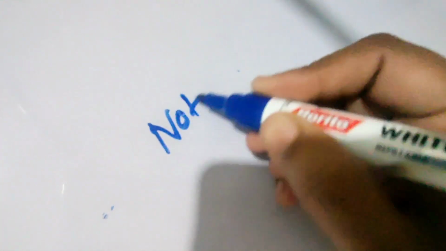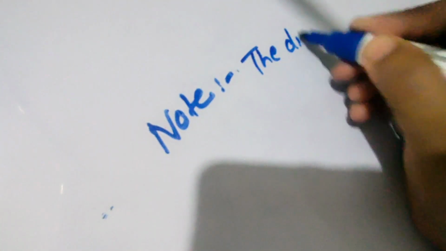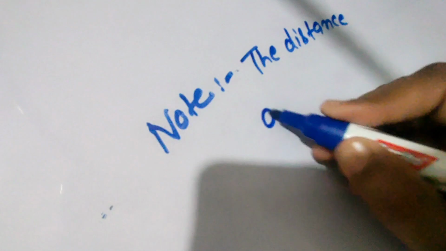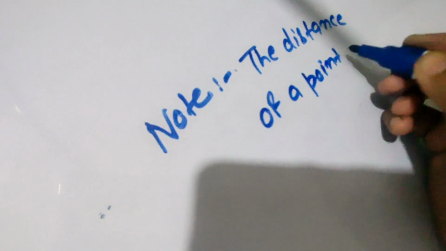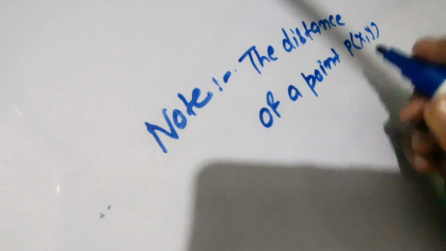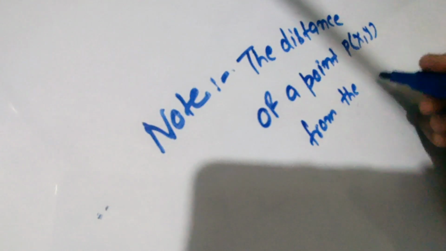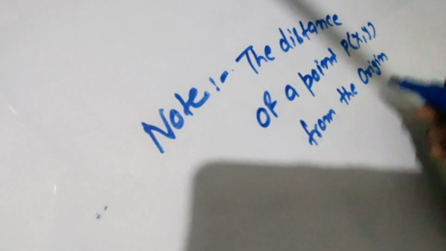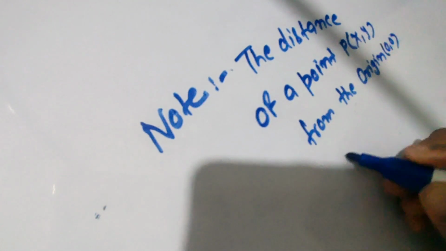Note: the distance of a point (x, y) from the origin, which is (0, 0), is given by the distance formula.